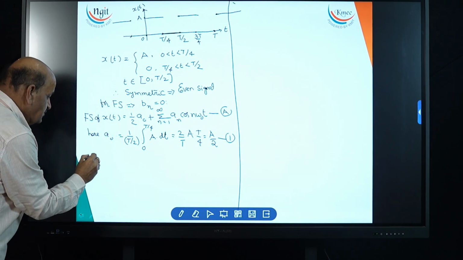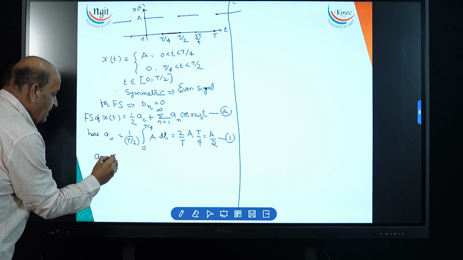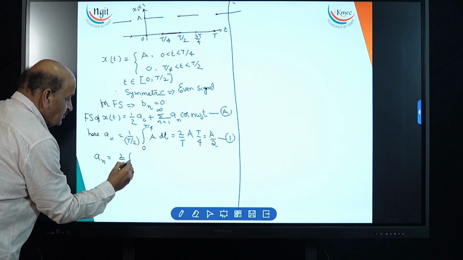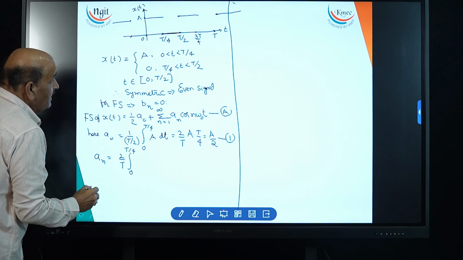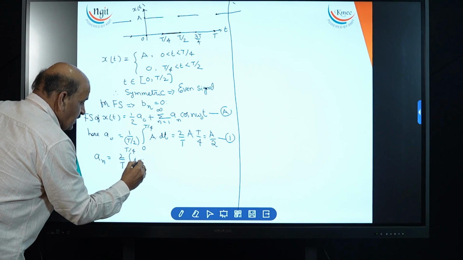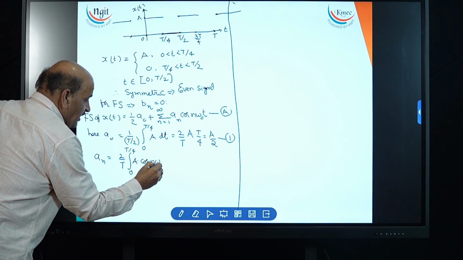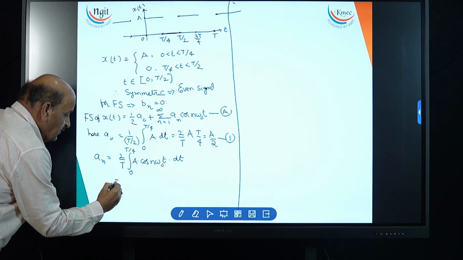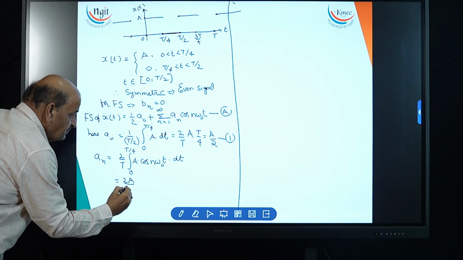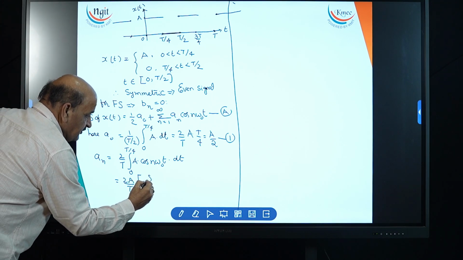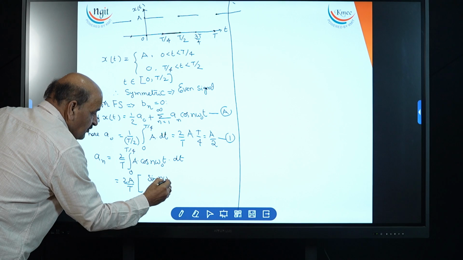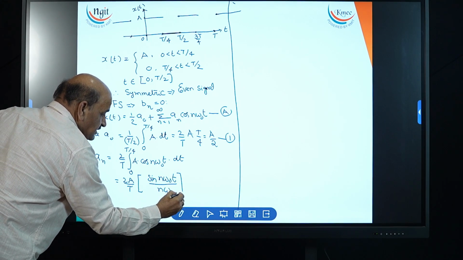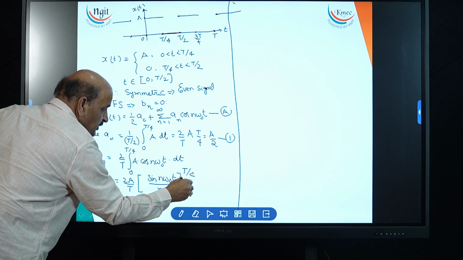Now next we have to find an. an equal to 1 by T by 2, that means 2 by T, between 0 to the interval T by 4, x of t means A into cos n omega naught t dt. Here A is constant, so you can write 2A by T into, for cos, this is sin n omega naught t by the constant n omega naught, between the limits 0 to T by 4.